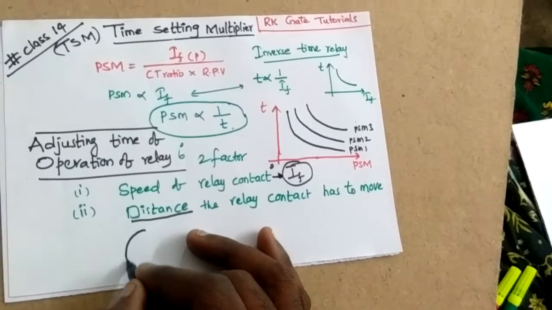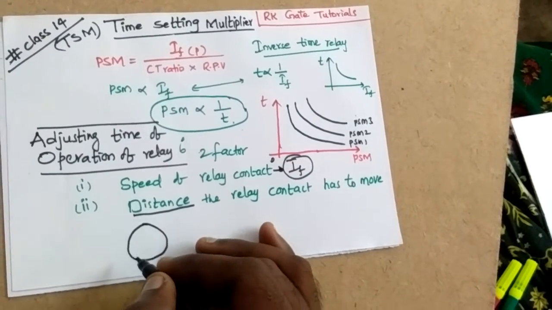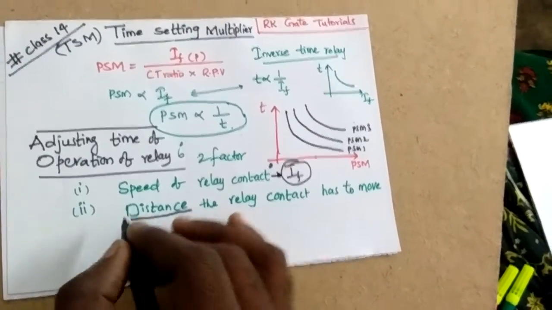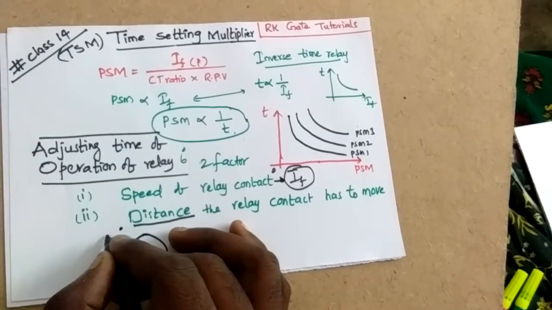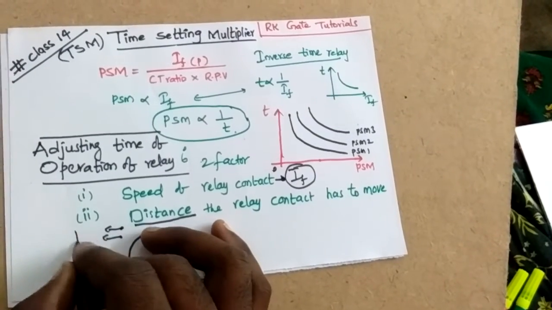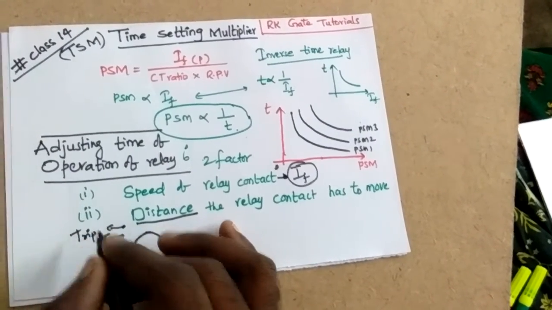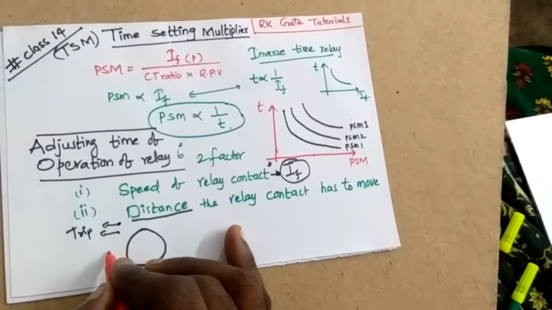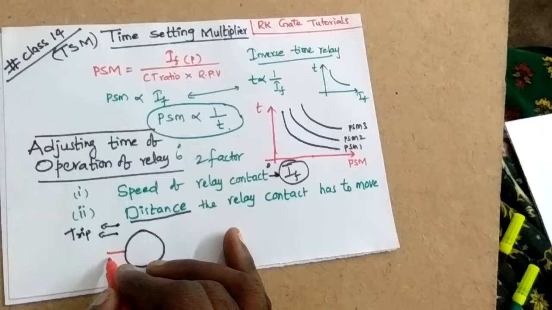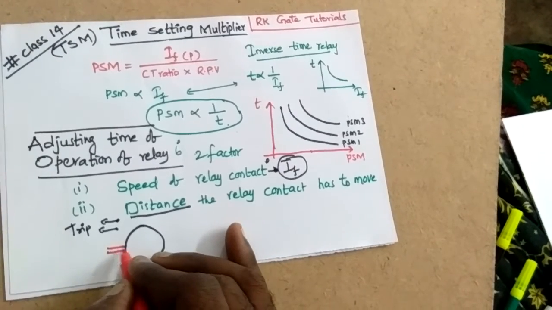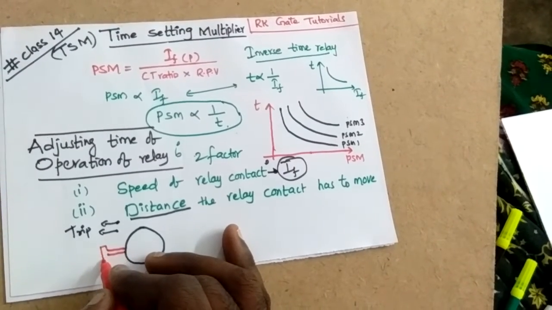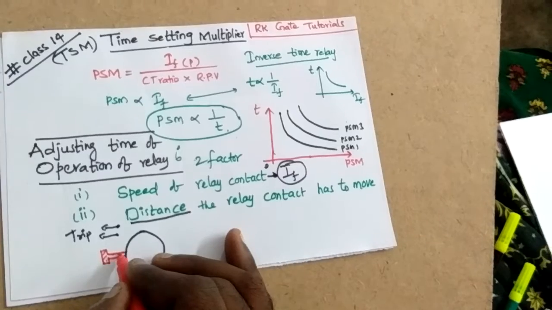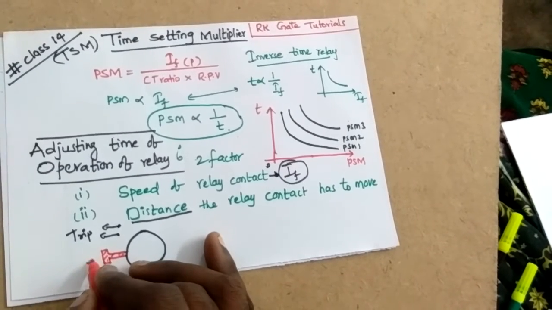So let us consider this is a disk type relay. Here we have the trip circuit. Now let us say here the relay contact is placed. This is the relay contact.